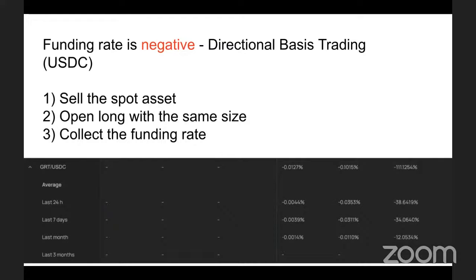But you still have to look at different periods of time to make sure that the funding rate is fairly negative for some period of time, and it's still negative at the momentary rate.